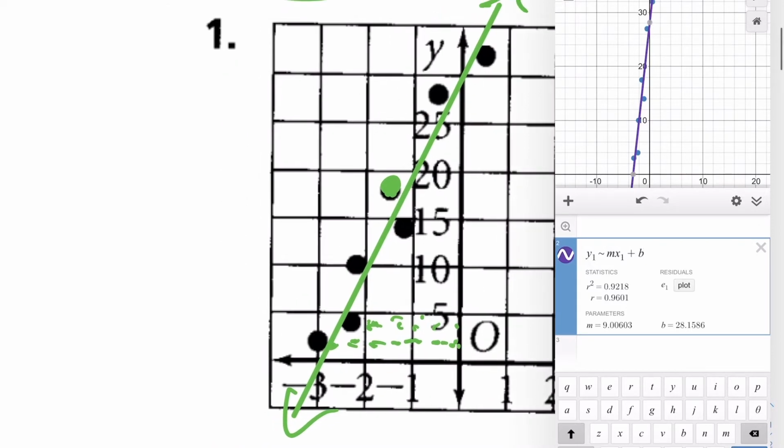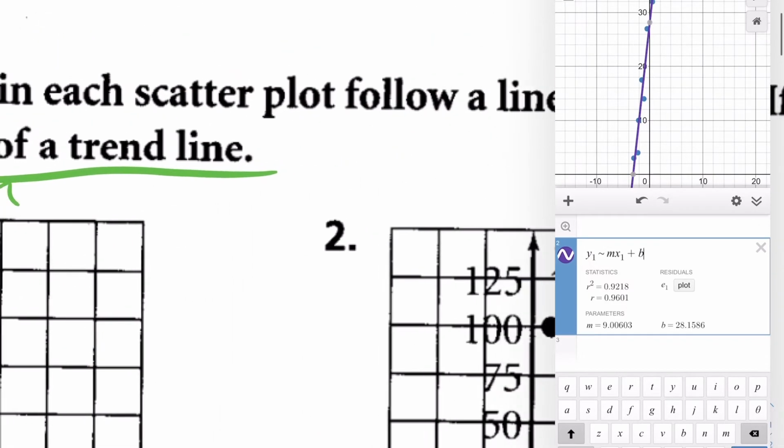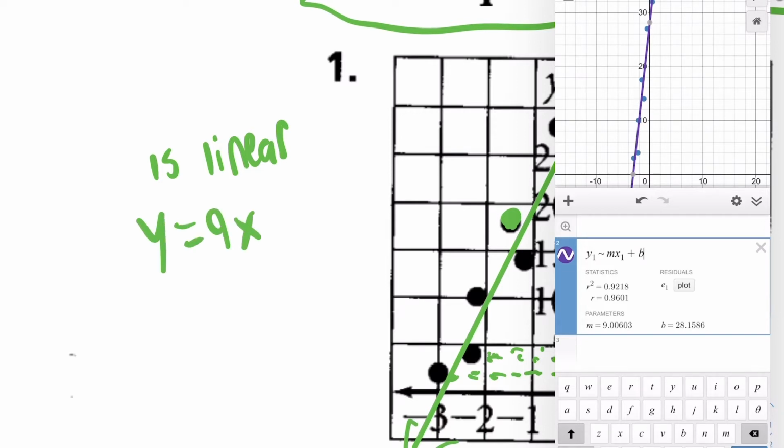So for number one, we didn't say it, but yes, this is linear. y is equal to 9x plus 28.15 is the best approximation. That is the line of best fit.